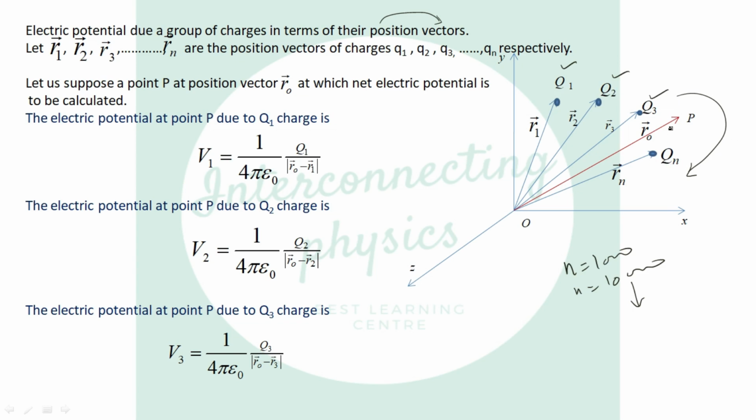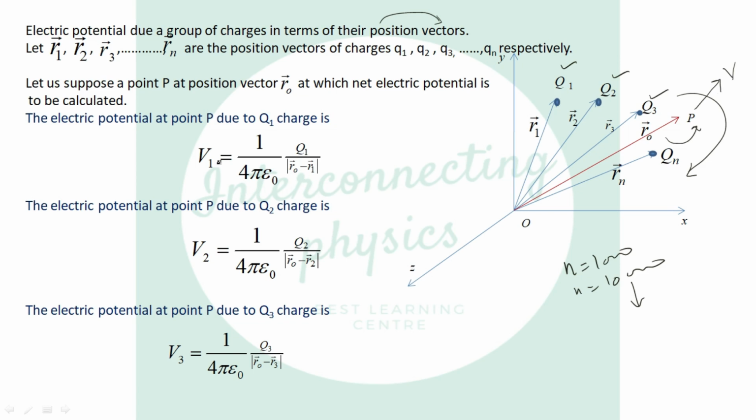Okay, so let us consider a point P, where we have to calculate the net electric potential V due to all these charges. Let R1 vector, R2 vector, R3 vector, Rn vector be the position vectors of Q1, Q2, Q3, Qn respectively, and R0 vector is the position vector of the point P, where we have to calculate the net electric potential.